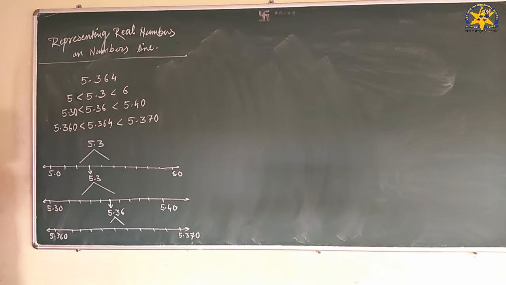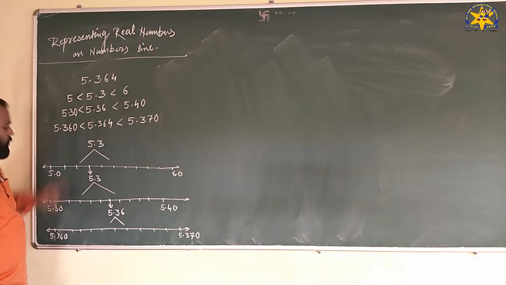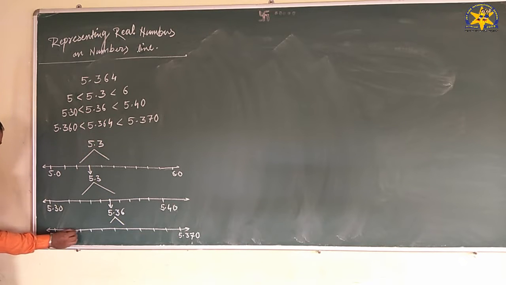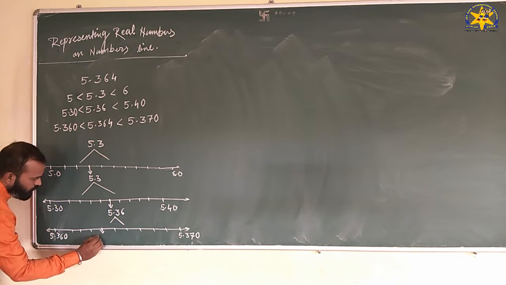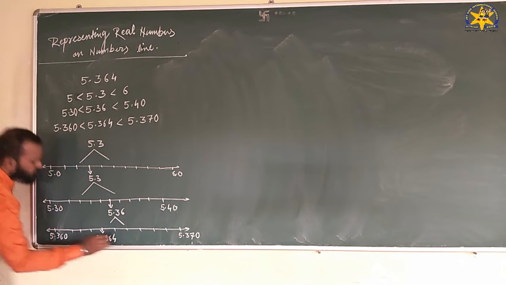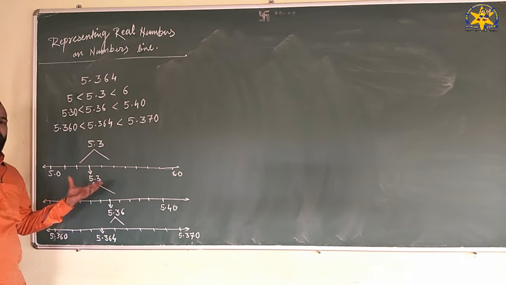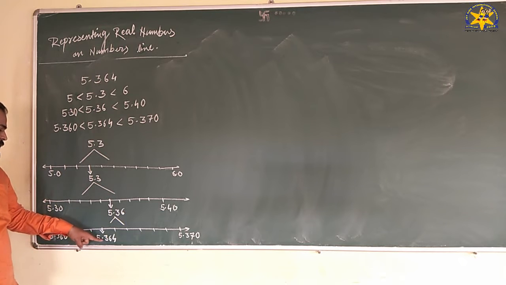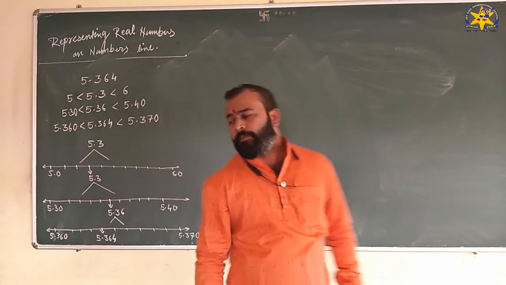We want 5.364: 61, 62, 63, 64. So here we got our number, that is 5.364. Okay. So in this way, by magnifying the numbers, we can represent any decimal number on the number line.